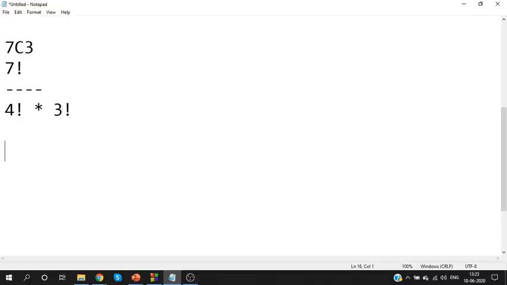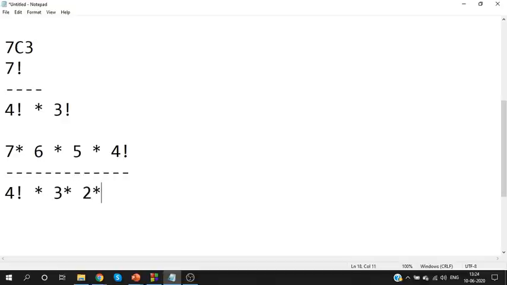Now simplify this. 7 factorial is 7 into 6 into 5 into 4 factorial, divided by 4 factorial into 3 into 2 into 1.